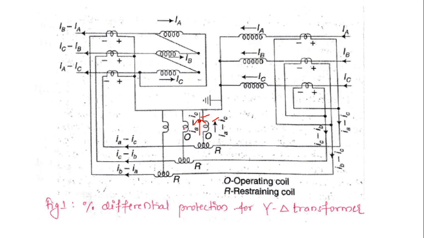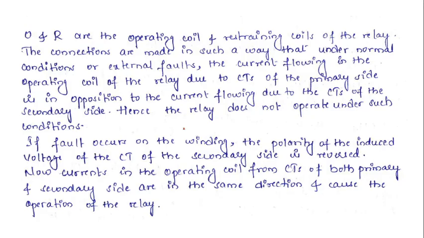The difference between those two currents is going to energize the operating coil of the relay, and the relay gets energized. So if a fault occurs on the winding, the polarity of the induced voltage on the CT of the secondary side is reversed. Now, currents in the operating coil from CTs of both primary and secondary side are in the same direction and cause the operation of the relay.